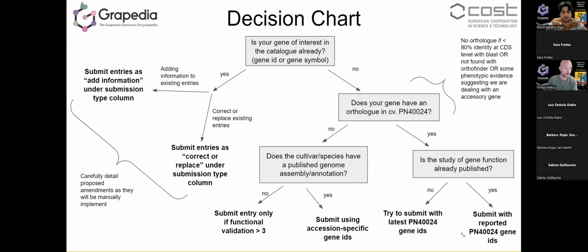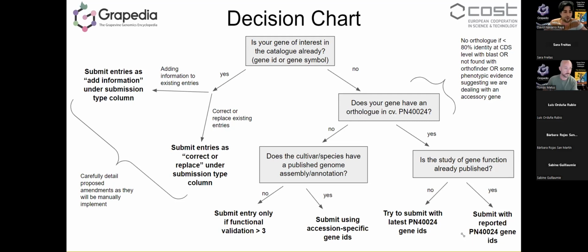If it's not published, we recommend to use the latest PN4024 gene IDs and annotation, and prepare the document for publication like this. Once it's prepared and you're almost ready to publish, or you have a bioRxiv preprint, then yes, you are ready to submit.